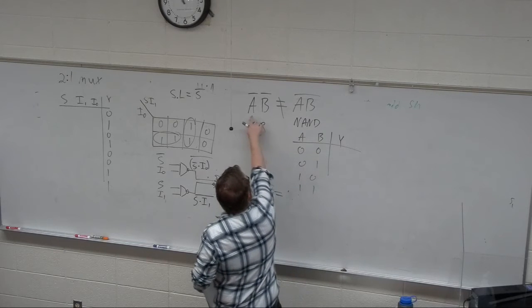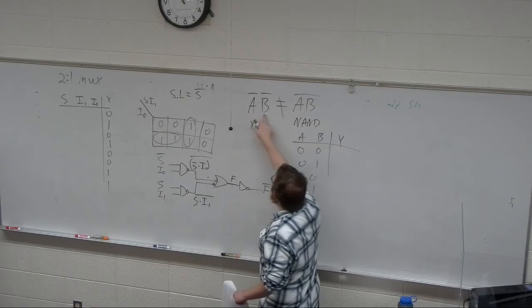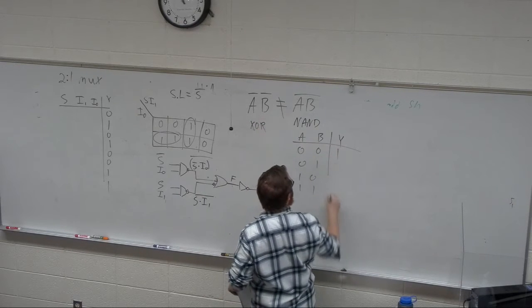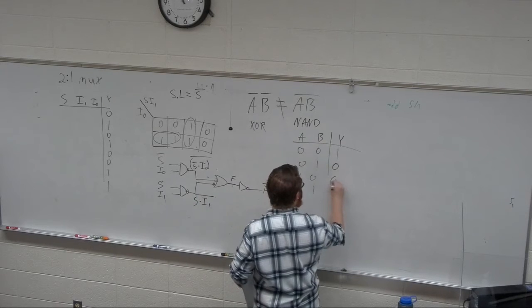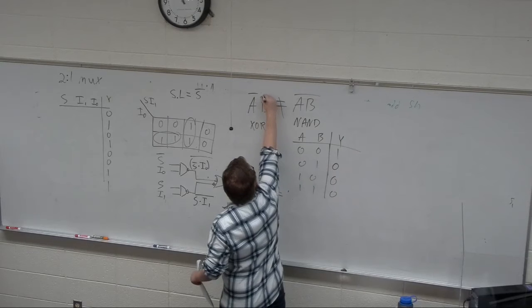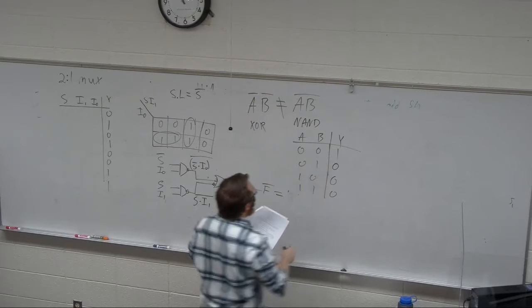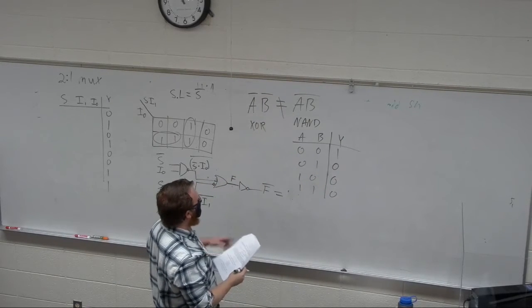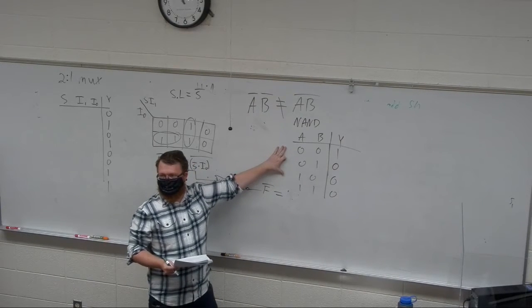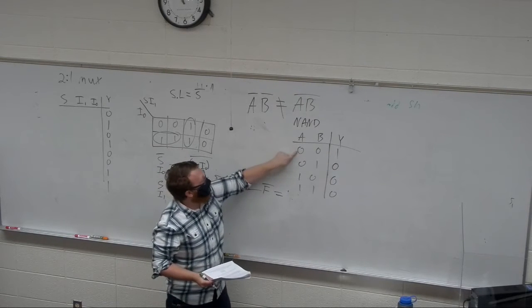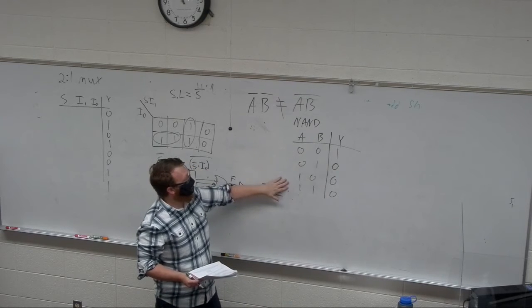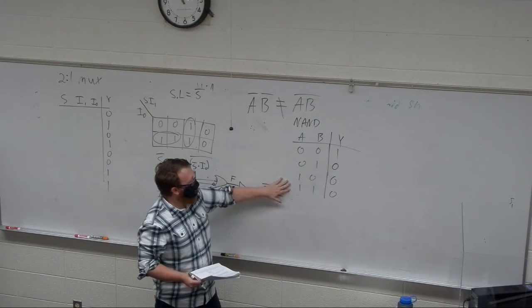So the only condition that this is true is if I have not A and not B. Oh, this is not XNOR. Sorry, this one is XNOR or something, but yeah. So that's our truth table. The only case when this is true is when I have not A and not B. Every other case is not.